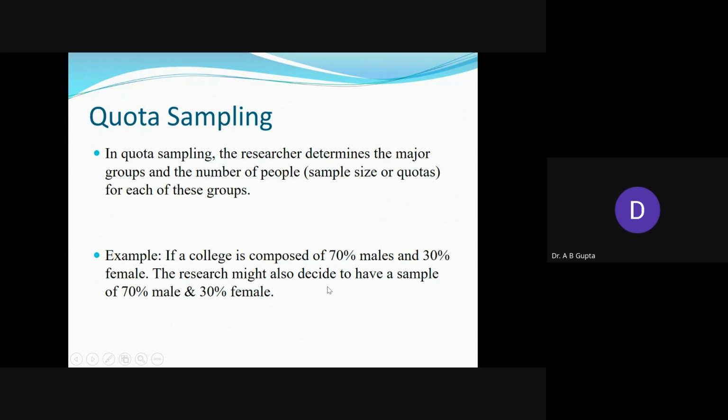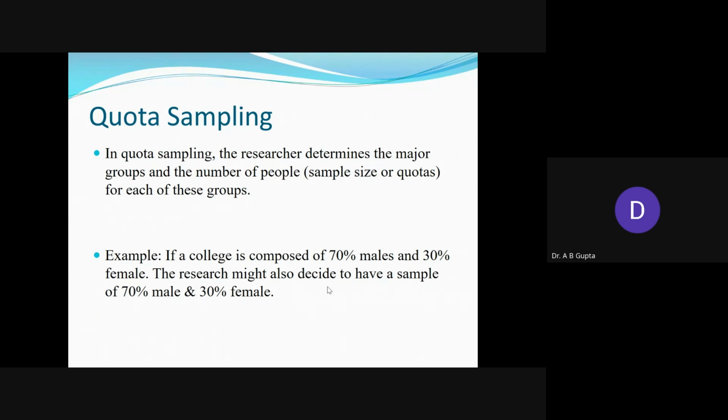Suppose there are 100 faculty members in an engineering college. Out of those 100, 70 are male and 30 are female.